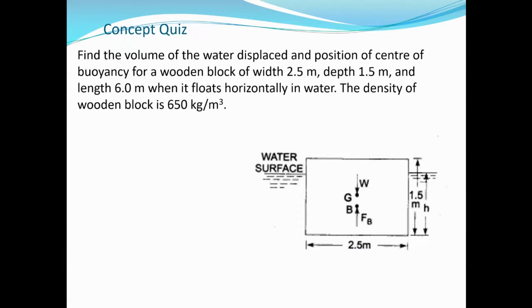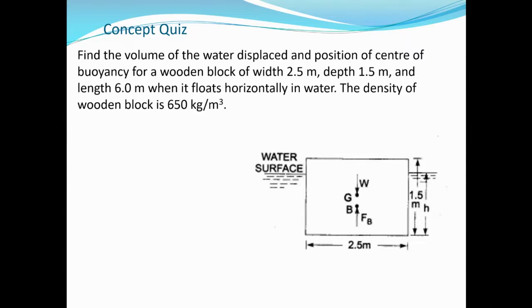Now this is a concept quiz, which says to find the volume of the water displaced and the position of the center of buoyancy for a wood block of width 2.5 meters, depth 1.5 meters, and length 6 meters when it floats horizontally in water.